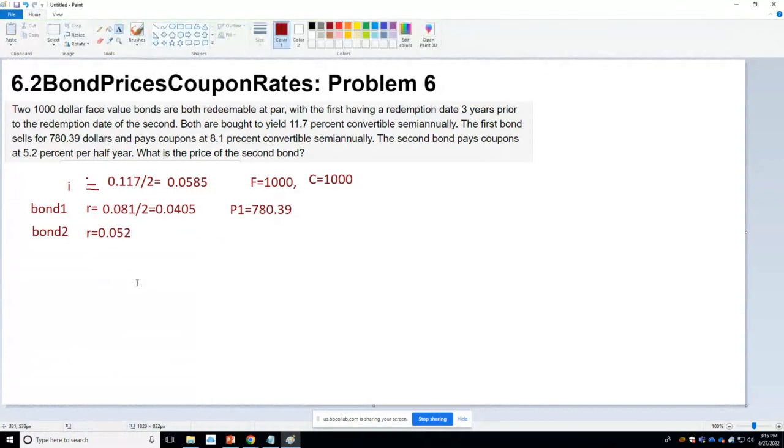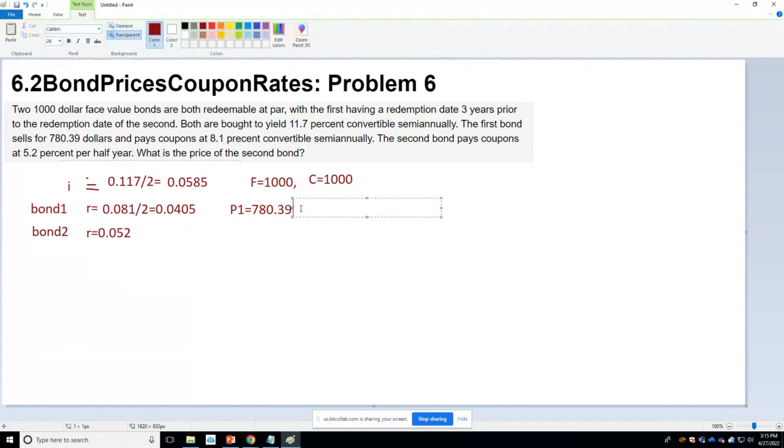The first one says convertible semi-annually, the other one said 5.2% per half year. So how would we connect the two bonds? It looks like what they have in common is the same yield interest rate. So we will look at how the interest rate is connected to the bond price.